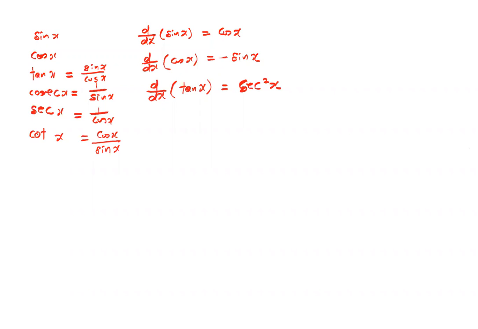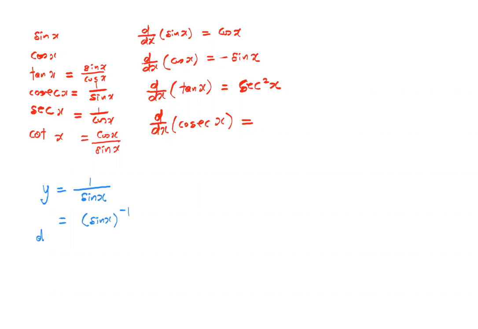So can you tell me what is d dx of cosec? Can someone tell me what is d dx of cosec? Okay, 1 over sin, so is sin x to the power -1.